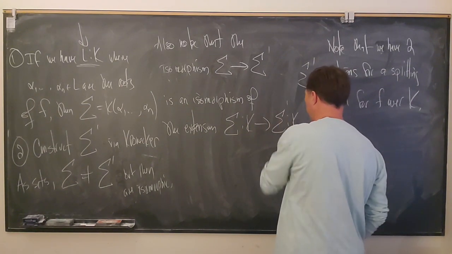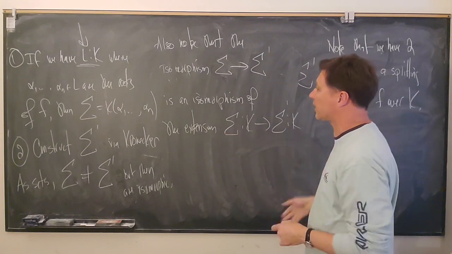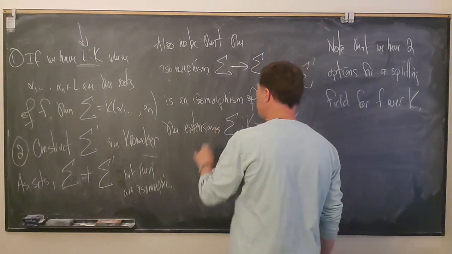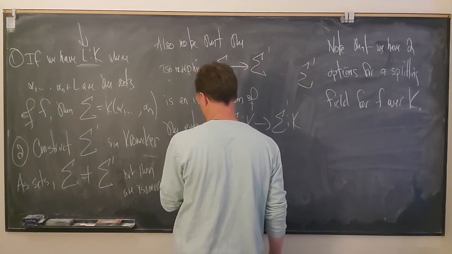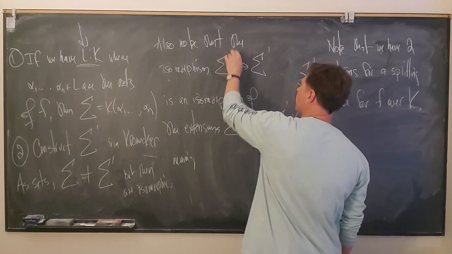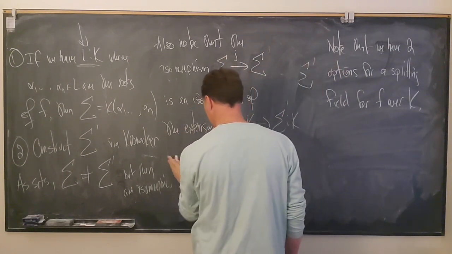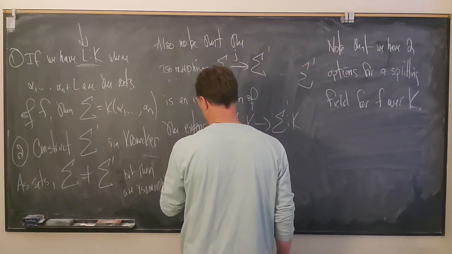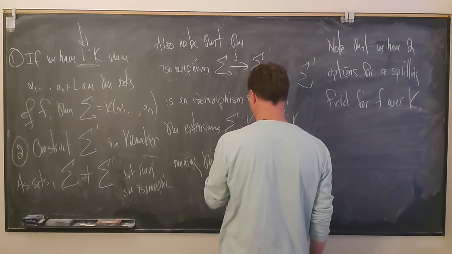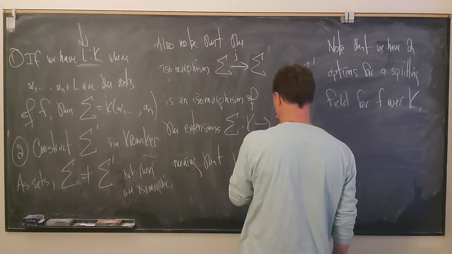If k lives inside both of these things, like we did in that previous example, then an isomorphism of extensions means that J fixes k.